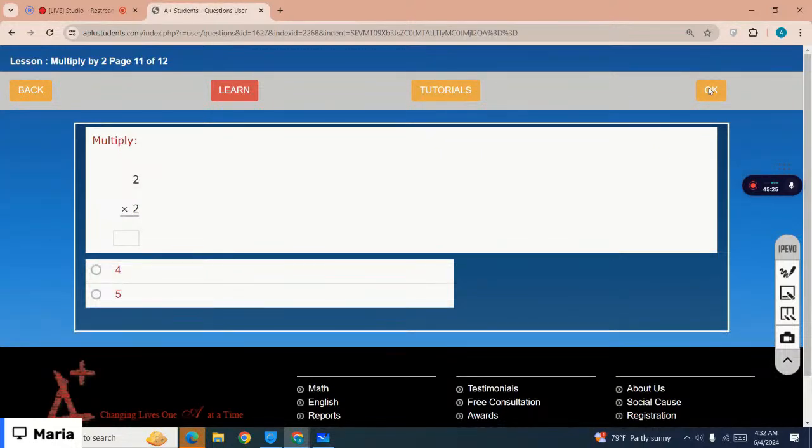2 times 2, which is the correct option? 2 times 2 is 4.